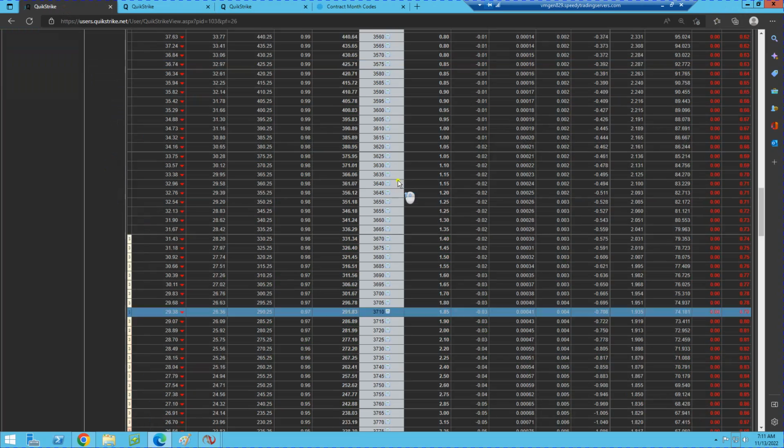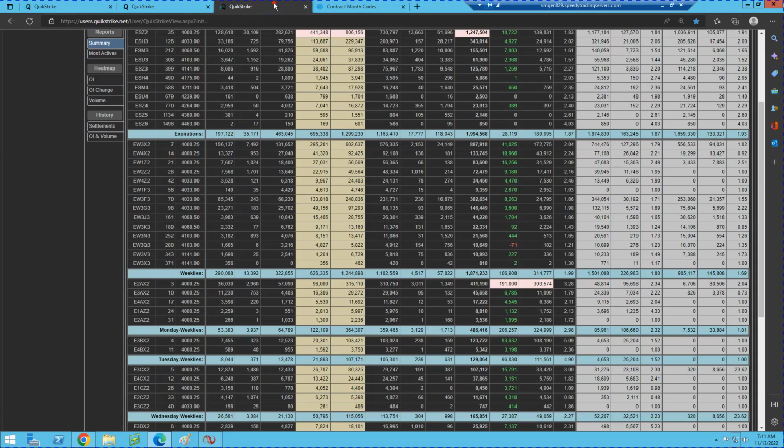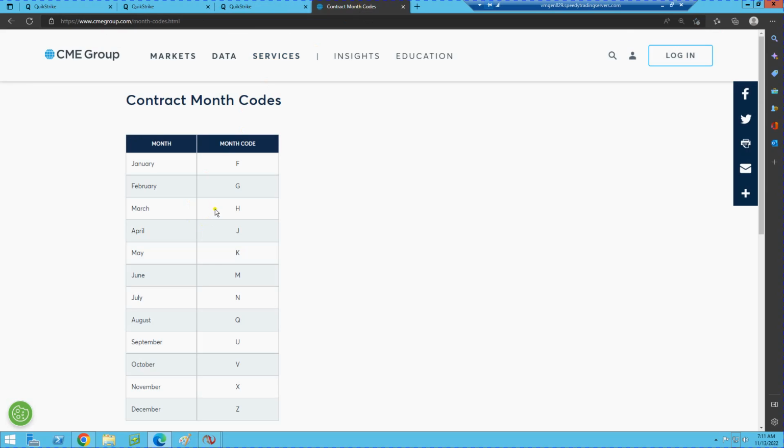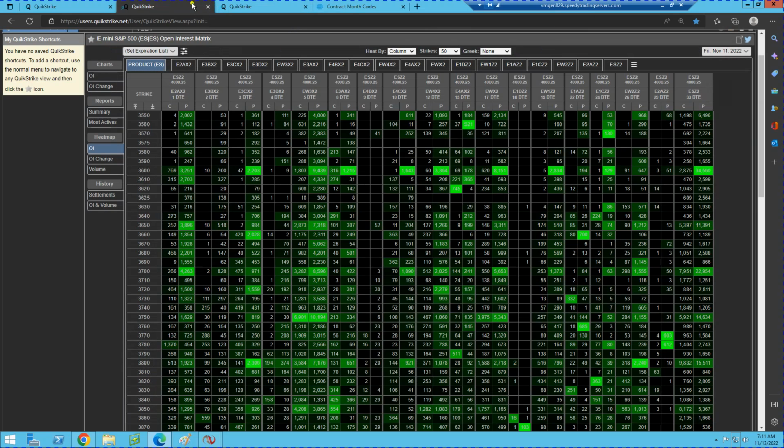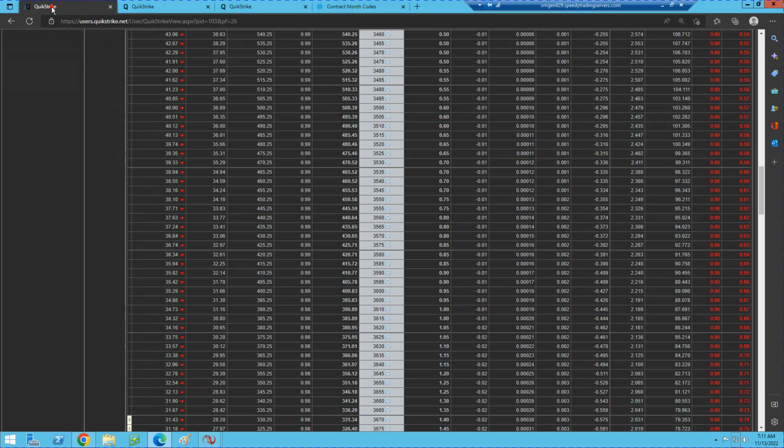So let's go into our spread. And be aware that these options and the futures contracts have letters. X is November, Z is December. And let's go in and build a spread.